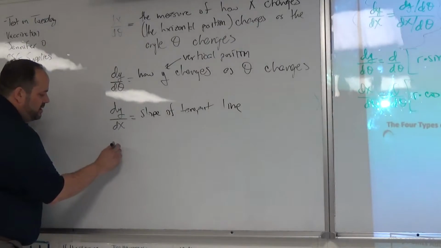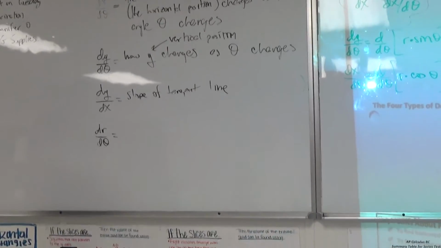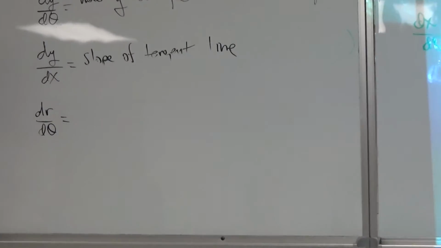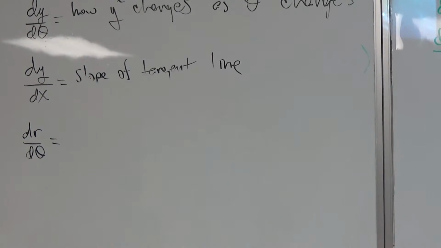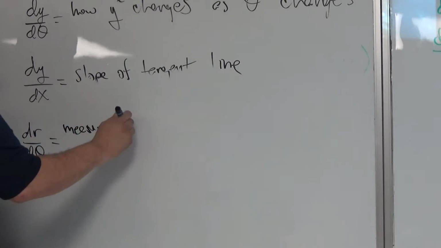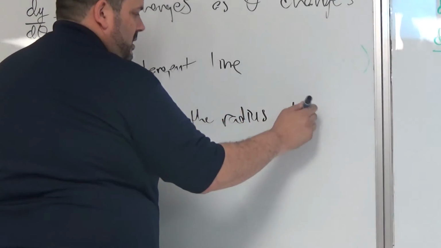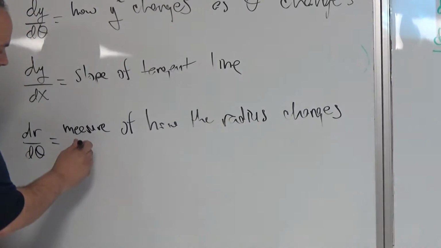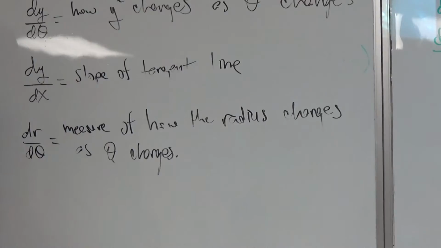dr d theta. Chepe, what do you think about dr d theta here? So it's the length of the radius, right? You're talking about how the radius is changing. So this is the measure of how the radius changes as theta changes.